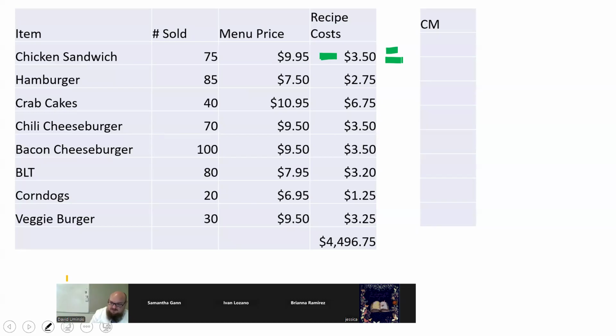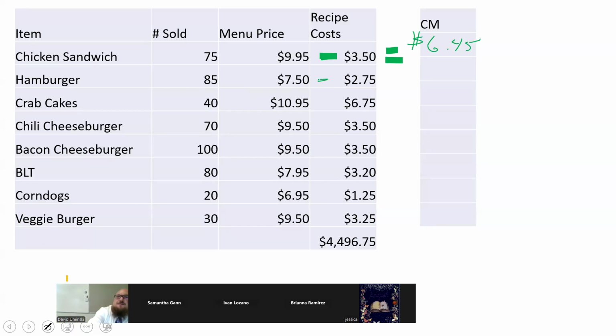So if it costs me $3.50 to make the chicken sandwich and I sell it for $9.95, what is my contribution margin? $6.45. It's as simple as that.